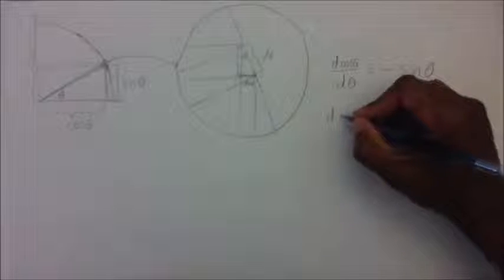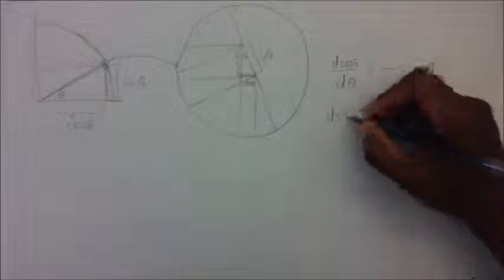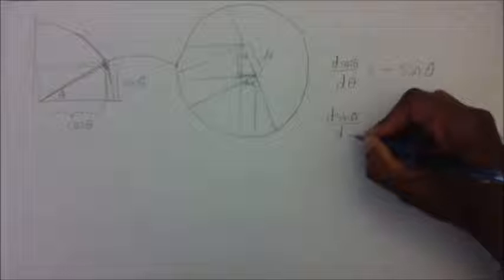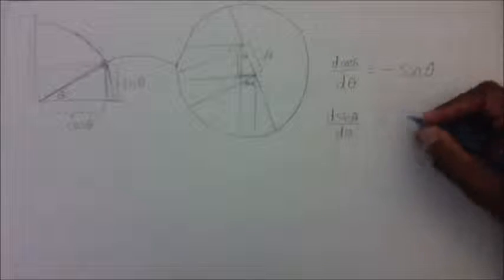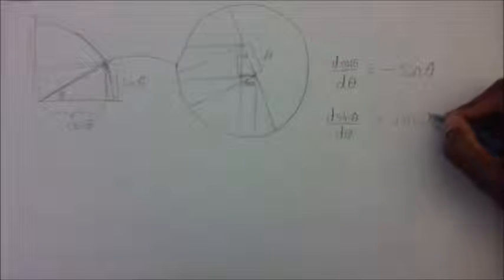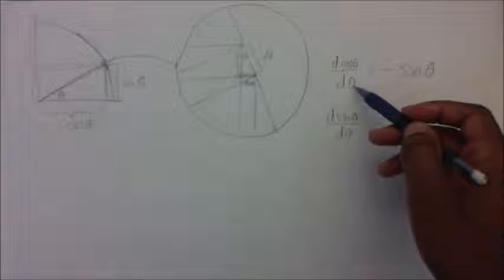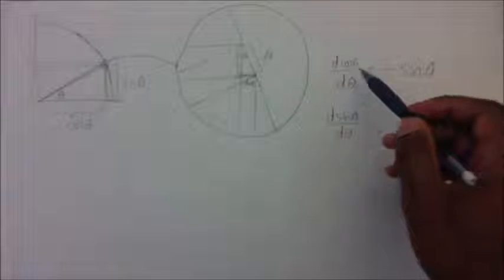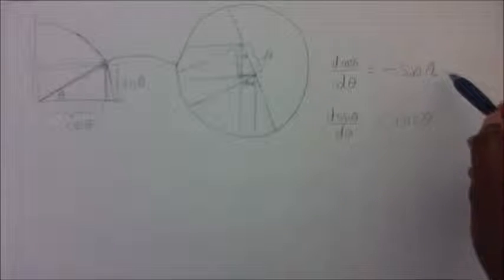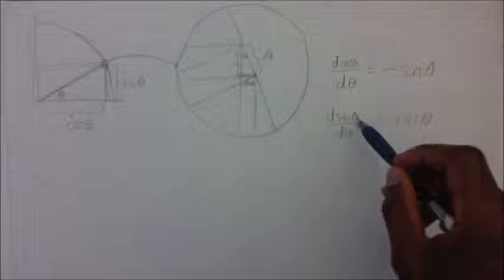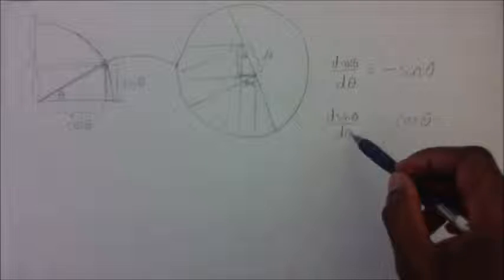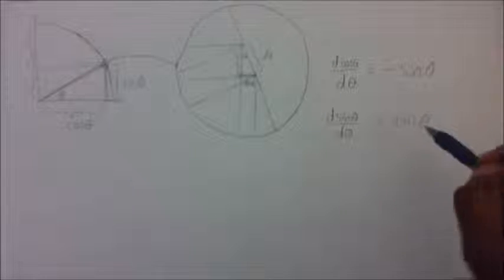So d sine theta over d theta is equal to cosine theta. So what we've just proved is that the derivative of cosine theta with respect to theta is minus sine theta, and the derivative of sine theta with respect to theta is cosine theta.